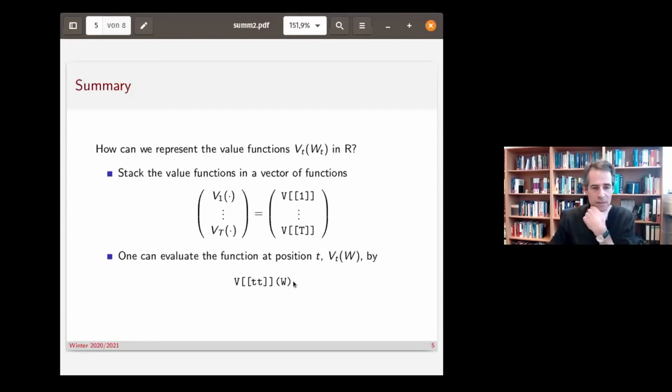So a priori, it's not clear that the tth element of that list actually is a function. It could be anything. If we extract the tth element, then it's clear that it is a function, but we have to do that. Without the double bracket notation, it's not clear that this list V is a list of functions. Maybe in some programming languages it's possible to define such a list of functions, but in R I think it's not. At least for this exercise, we haven't done so.